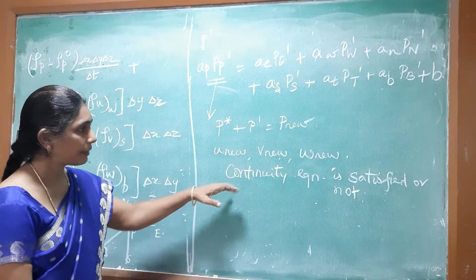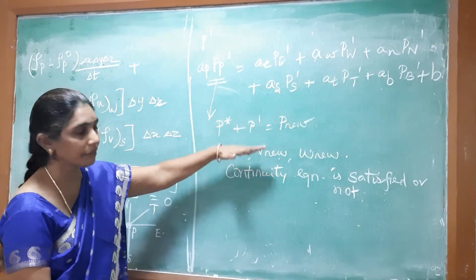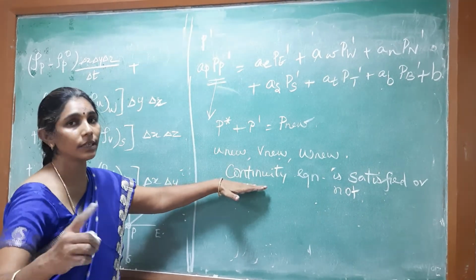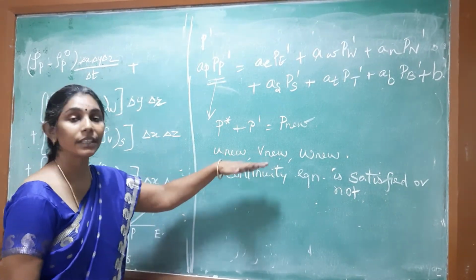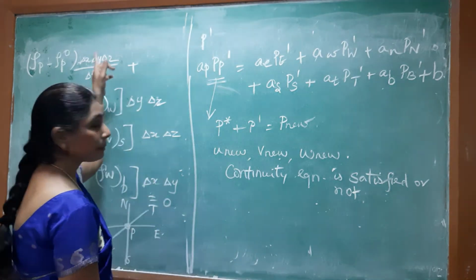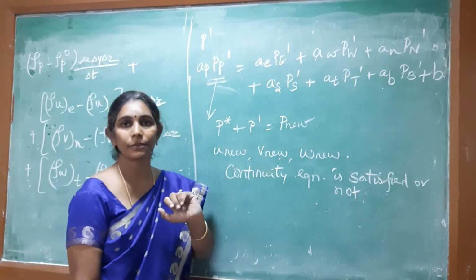If it is satisfied, we will stop with the solution. So the values we have attained at the end will give the pressure values and velocity values of the field. If it is not satisfied, again we will have to repeat the entire procedure, that is starting from step 2. Right?